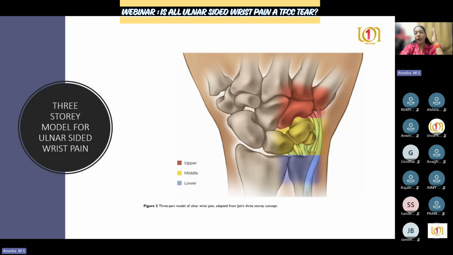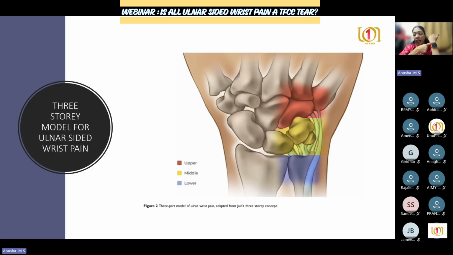If you get a patient with ulnar-sided wrist pain, you have to palpate the ulnar styloid process and any injuries just above this area. Above this there is the radiocarpal area, the distal radioulnar joint, and the CMC. This area goes to the upper story.